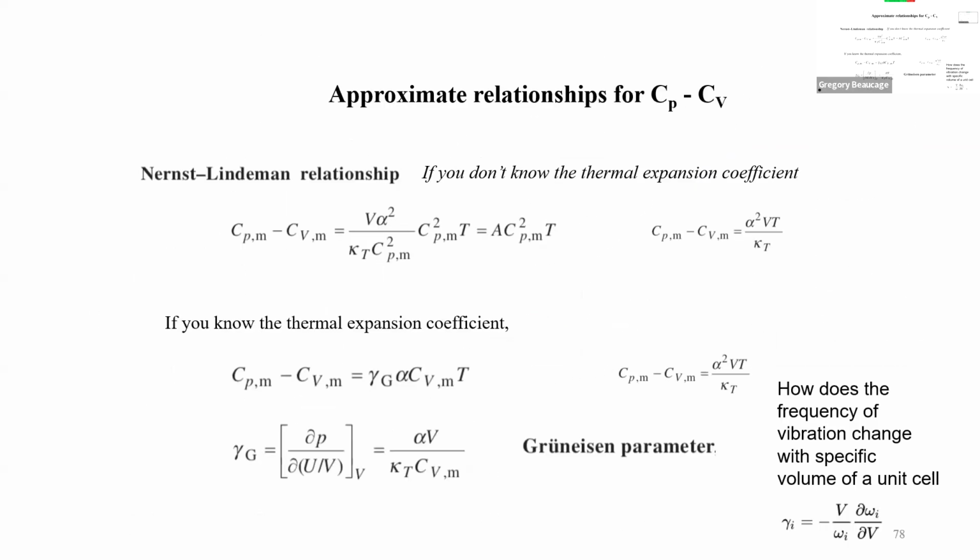So this Grüneisen parameter. Grüneisen was a German in 1877 or something like that, and he came up with a few equations in this parameter. The parameter is how the frequency of a vibration, like a phonon, changes with the specific volume, like the density.